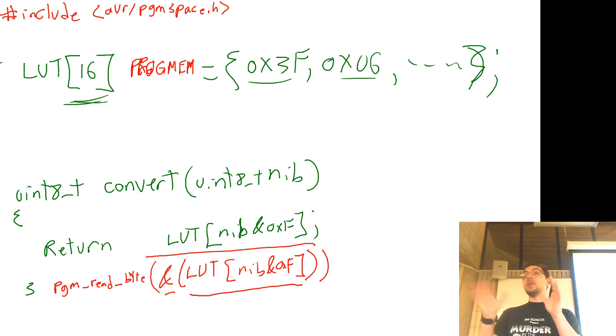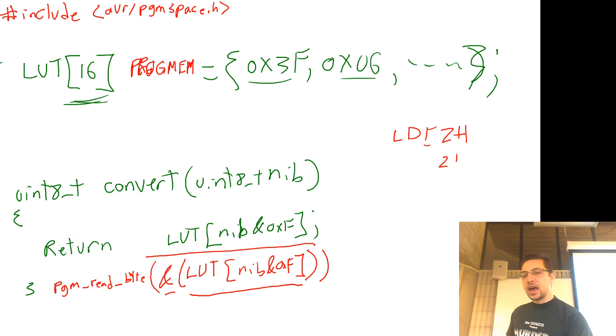Address of says, just give me the address of that value, and then we send that to a read function. All this is really doing is the same thing: LDI ZH, ZL, add ZL, ADC ZH, R0, LPM. Doing the same thing.